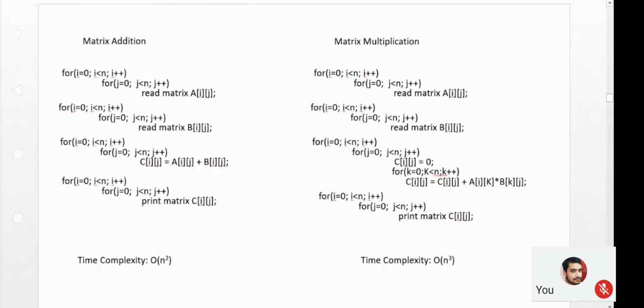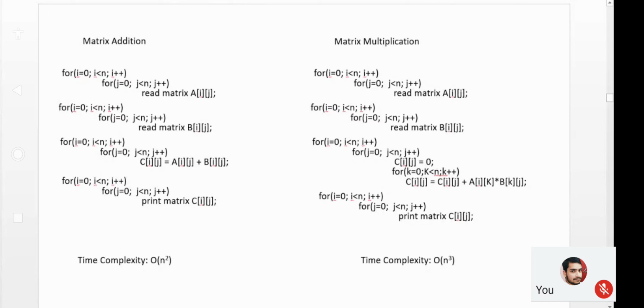So if the problem is written in an iterative way, we can determine the time complexity by how many times the statement blocks will iterate. Based on the iteration of the statement block, we can determine the time complexity.